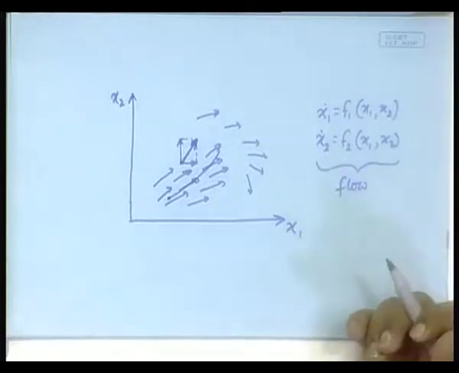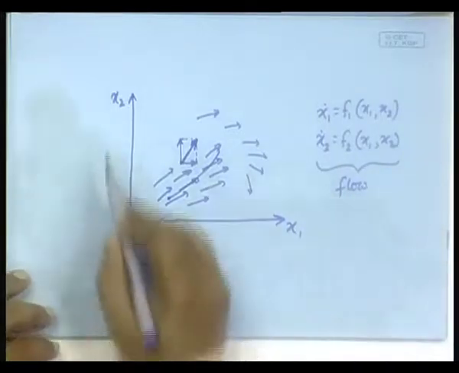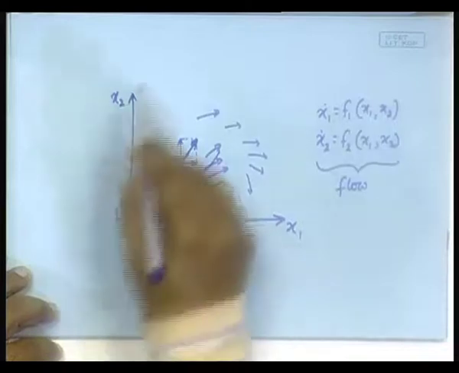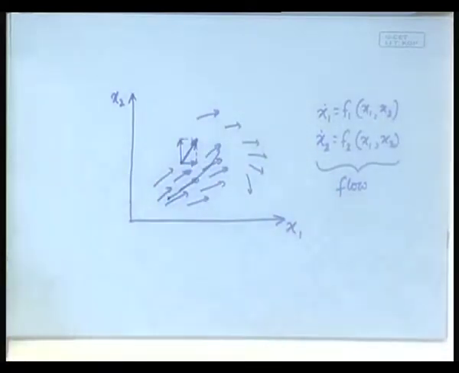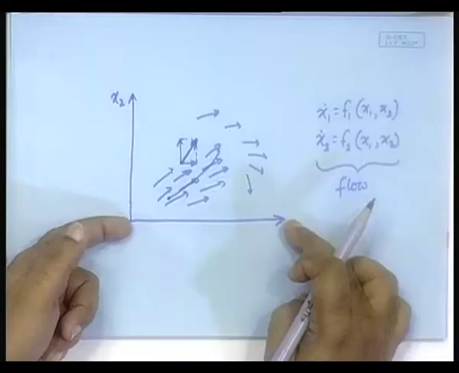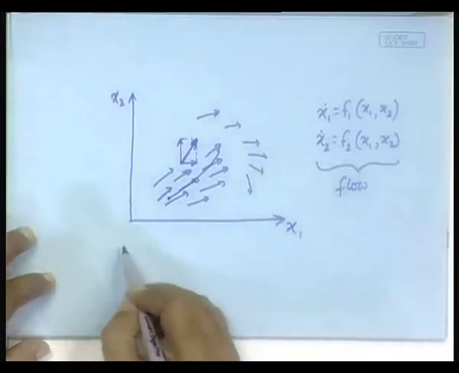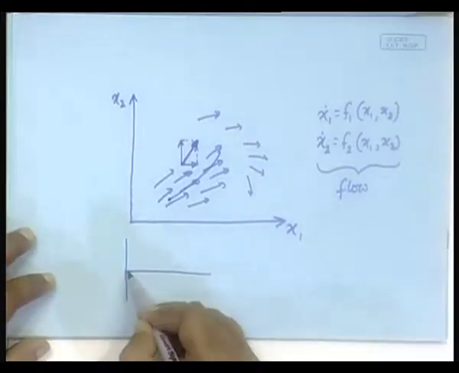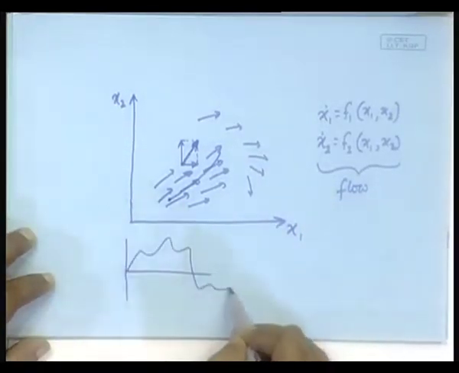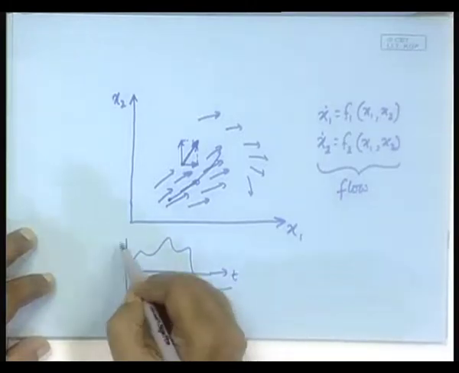Okay. Now, how to do that? In that case you would get some kind of a movement in the state space, but you could say no, I am interested mainly in how it changes with time, say how x 1 changes with time and how x 2 changes with time. In that case you will get a waveform something like this, say this is your time and this is your x 1.